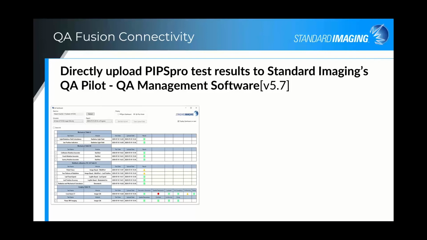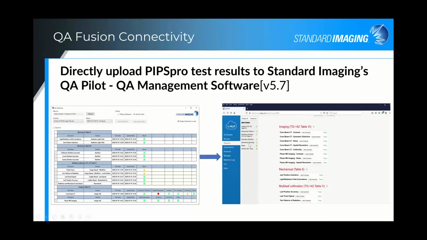We have the ability to upload directly from our software here. You'll see there's a QA Pilot portal checkbox there, and it basically allows you to upload right to our QA Pilot software. It brings in those test results, as you can see here. Quick and easy viewability of the test results.